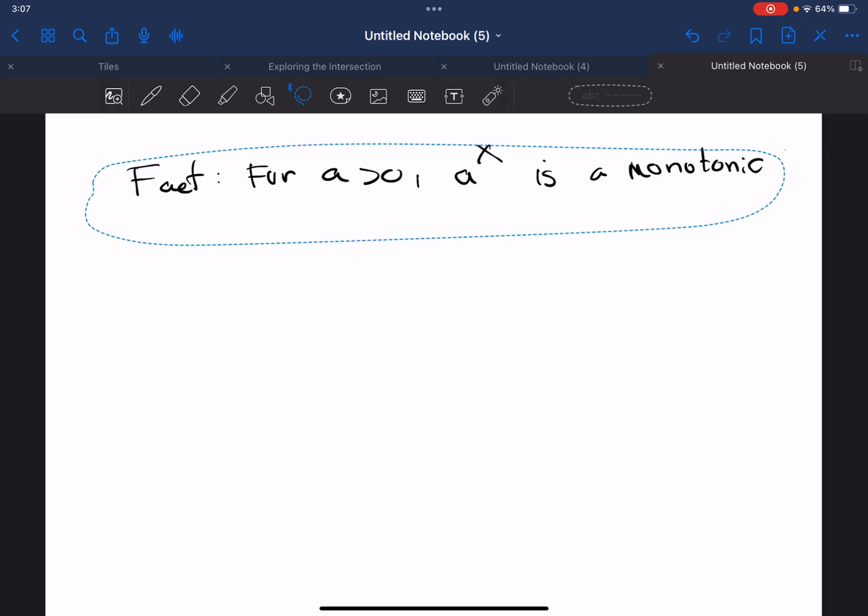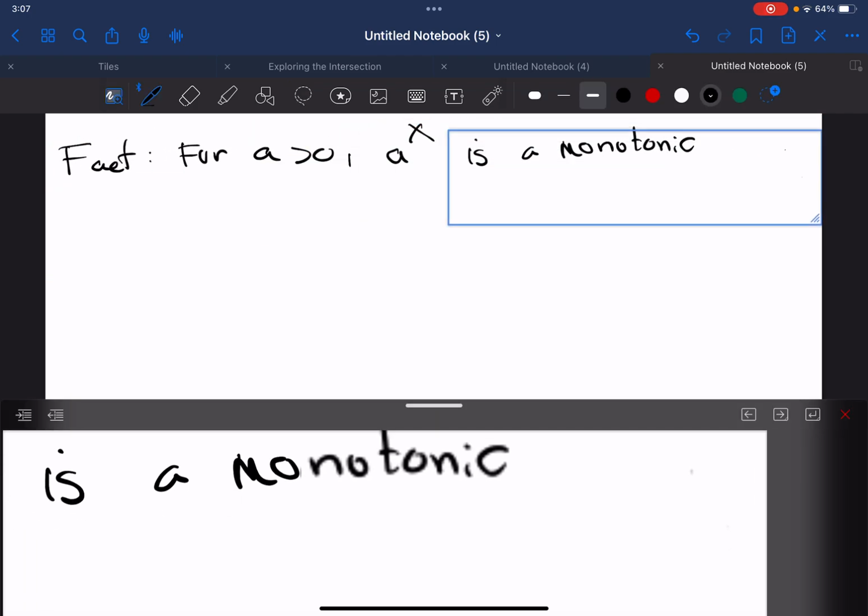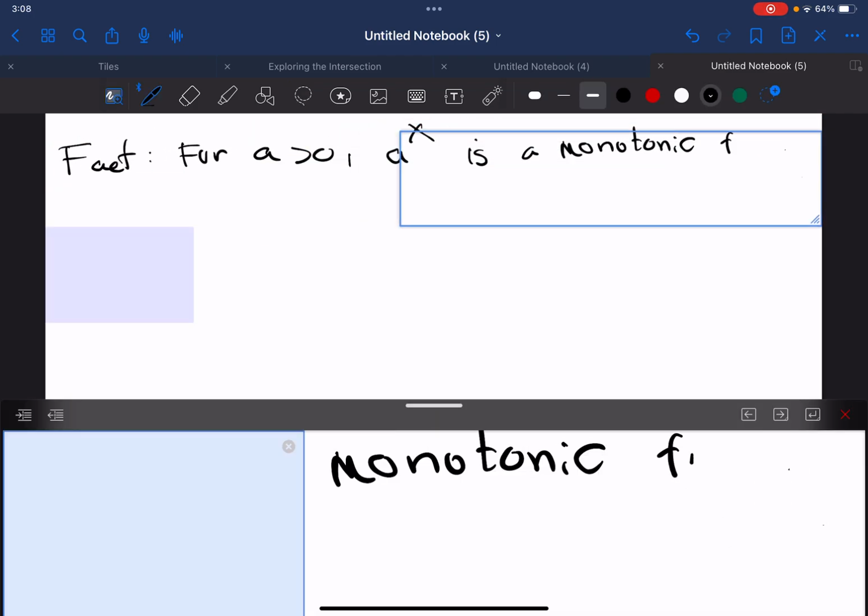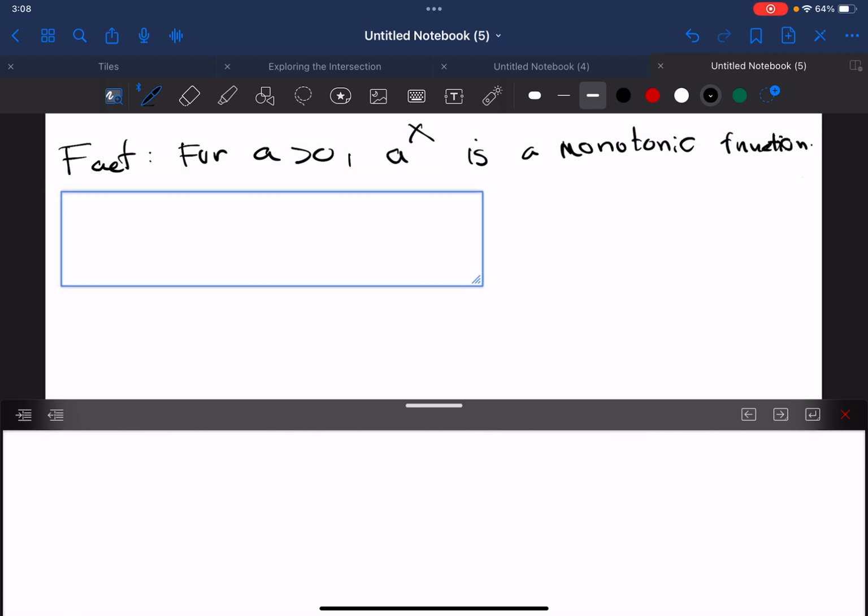Let me remove this point here. Is a monotonic function, right? So what exactly monotonic means here?